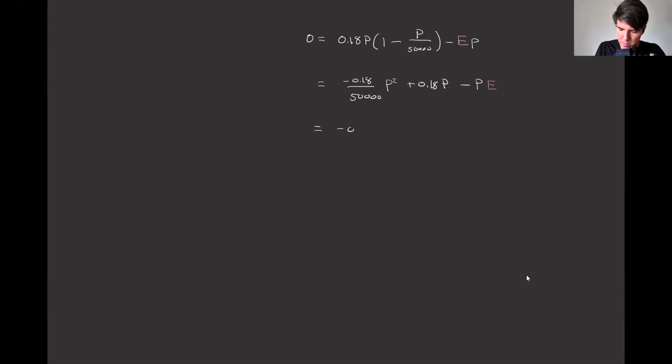And if you do a little bit more algebra, you'll find that you get this plus (0.18 minus e) times p. And now you can actually factor this. I don't even think you have to use the quadratic formula.